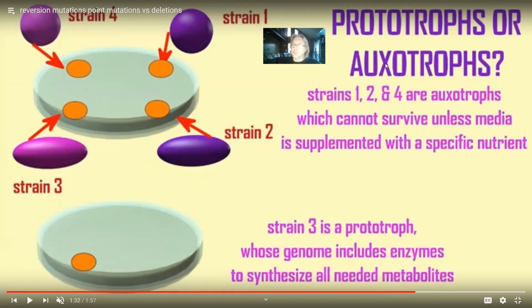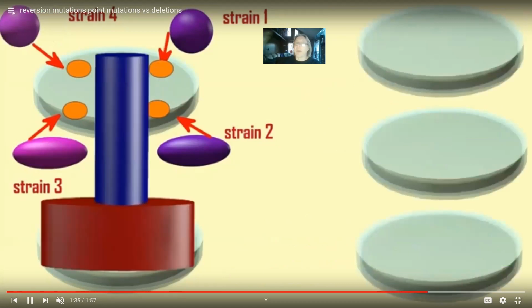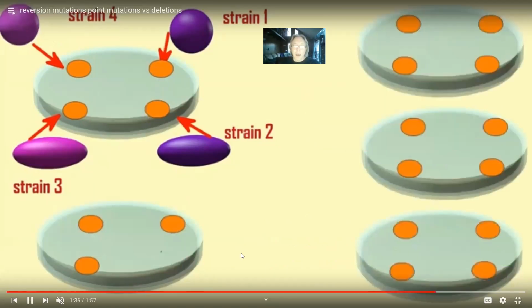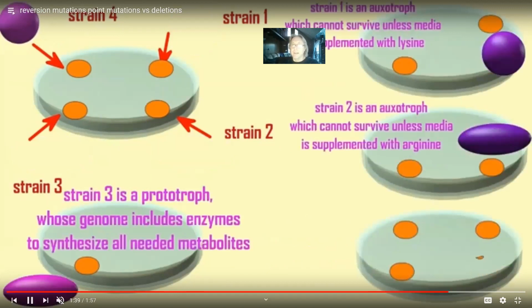So now one of their genes doesn't work. They can't make a nutrient, and therefore you have to give it to them in their medium, or else they die. And then you could ask, what is the frequency with which an auxotroph mutates back and becomes a prototroph? So that's a type of mutation you could screen in bacteria.